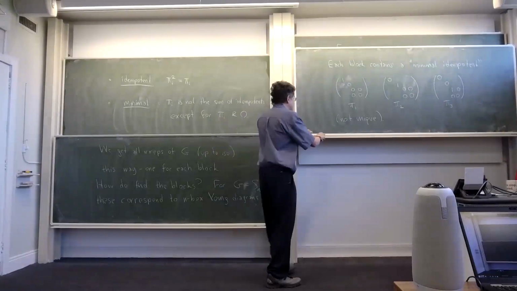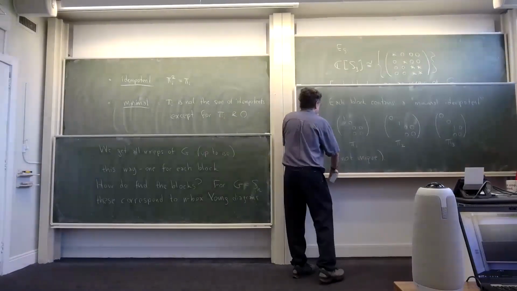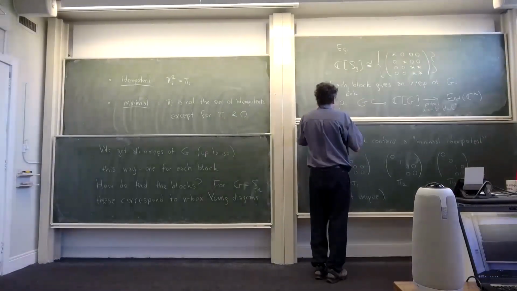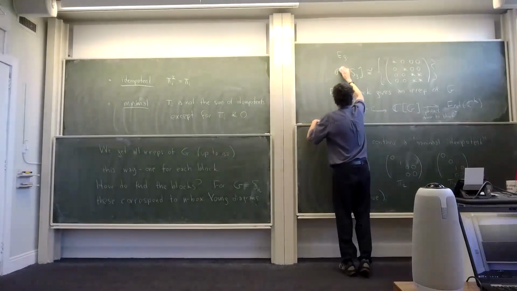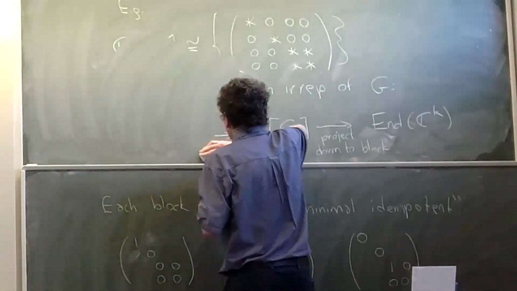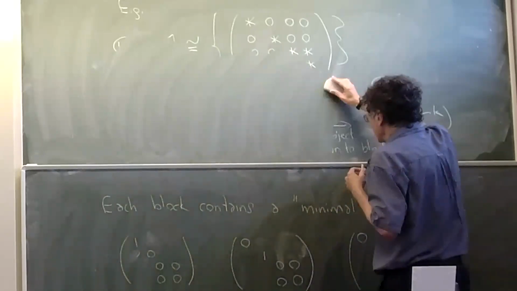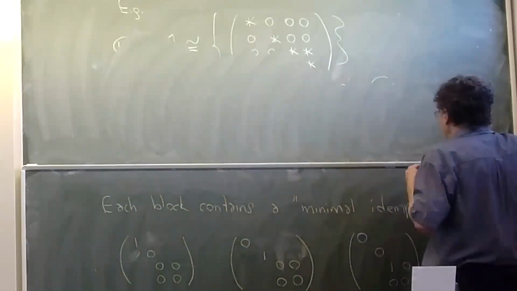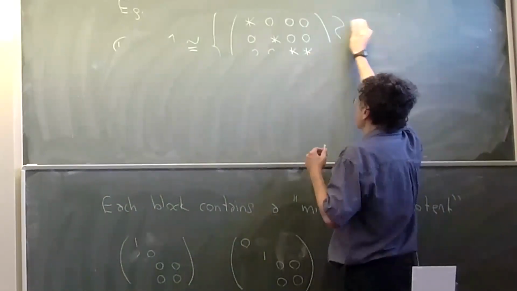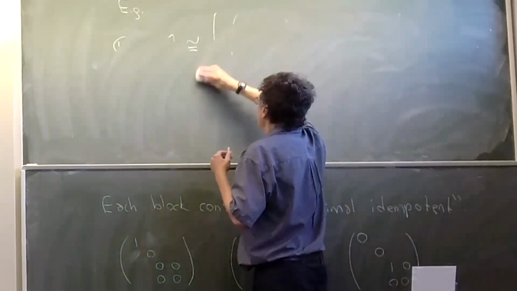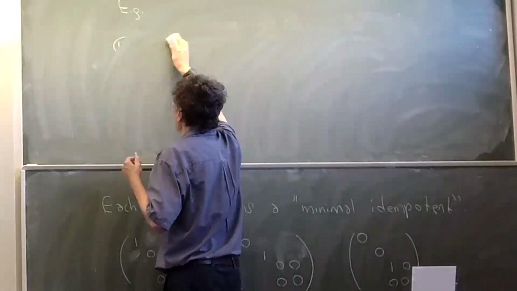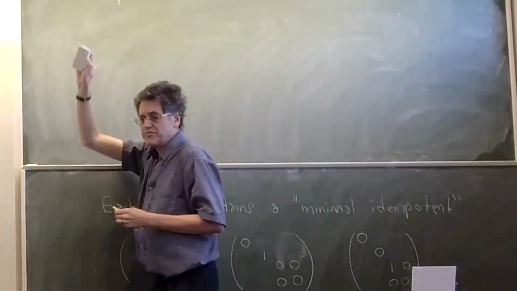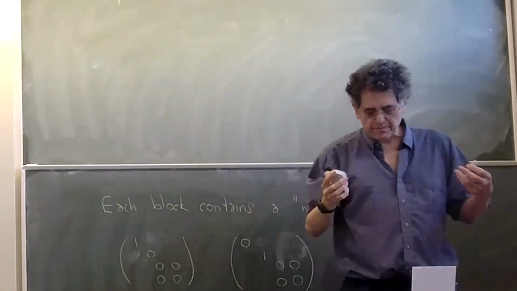Because there are lots of choices, we need to say something that ensures that we're picking just one of these minimal idempotents per block. And we need to say this in a way that doesn't assume we already know what the blocks are.